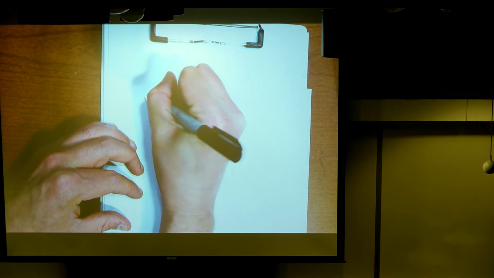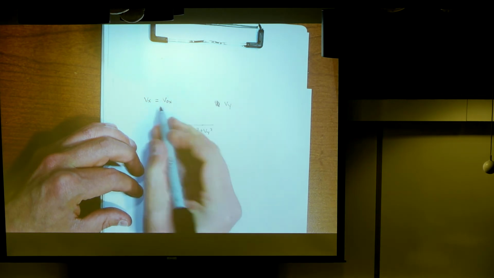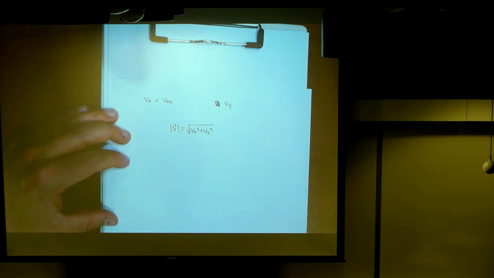Okay? So for my x velocity, that's just v naught x. Whatever x velocity I end up with is the same x velocity that I start with. That's what we found in our kinematic equations. But for the blue ball, the one I just dropped, what's the initial x velocity?